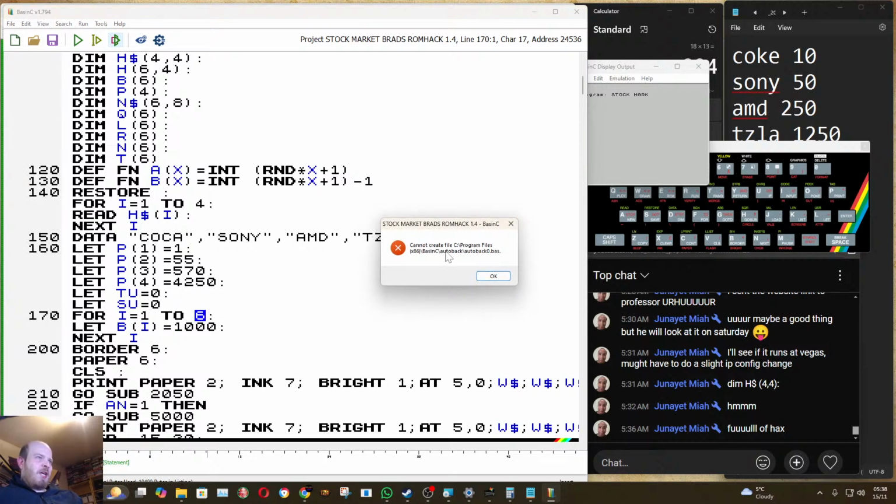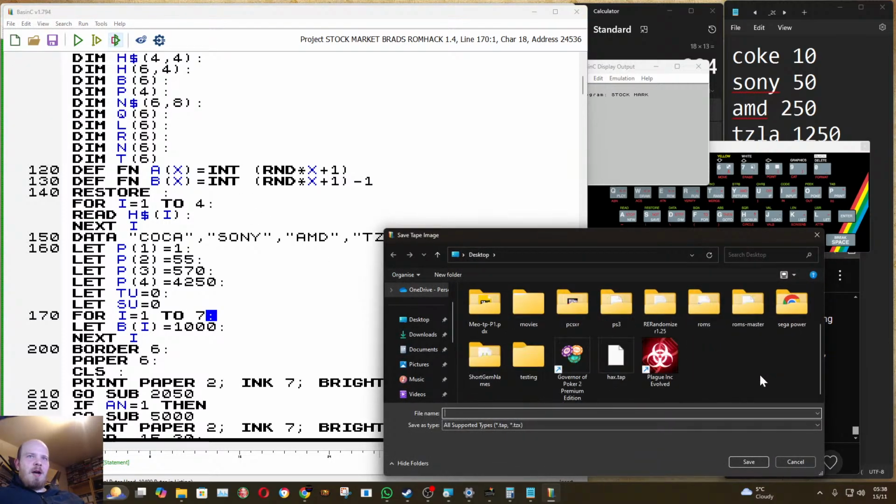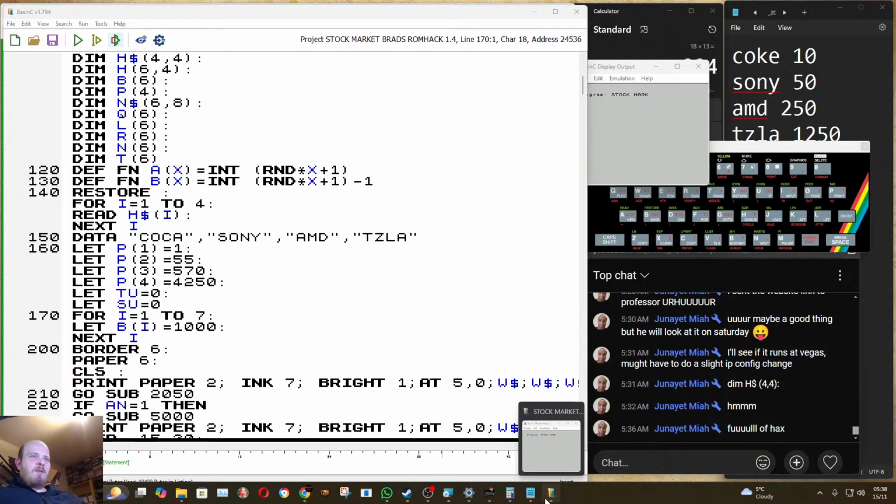Now this is where we're changing line 170, yeah? This could crash the game. And I'll override it as hacks. Right? And then we'll just reset the other one.